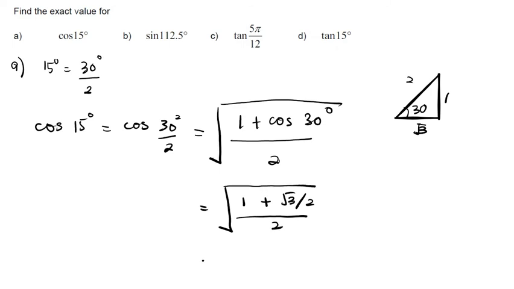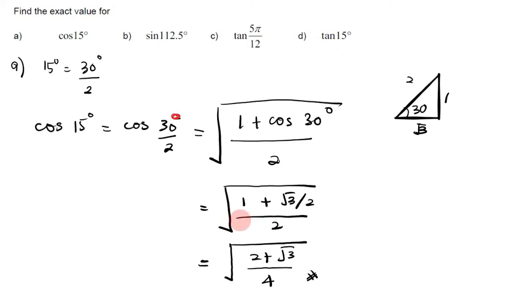So simplify. So we get 2 plus square root of 3 over 4. This is degree, not square.